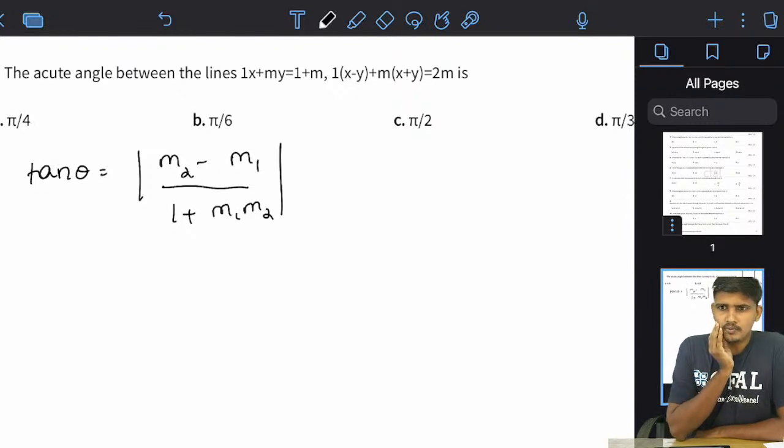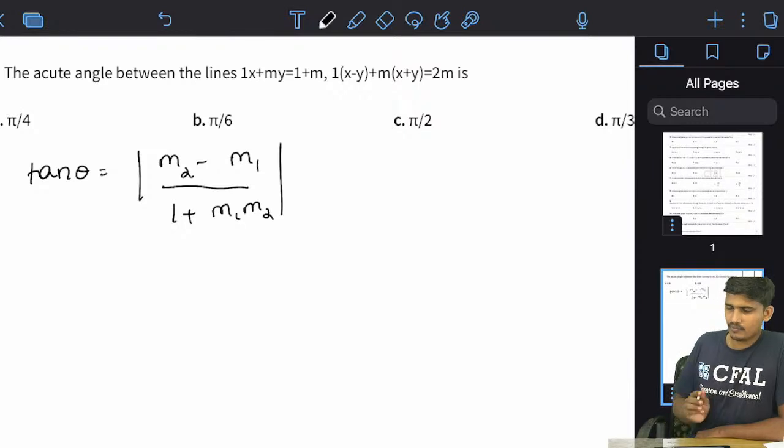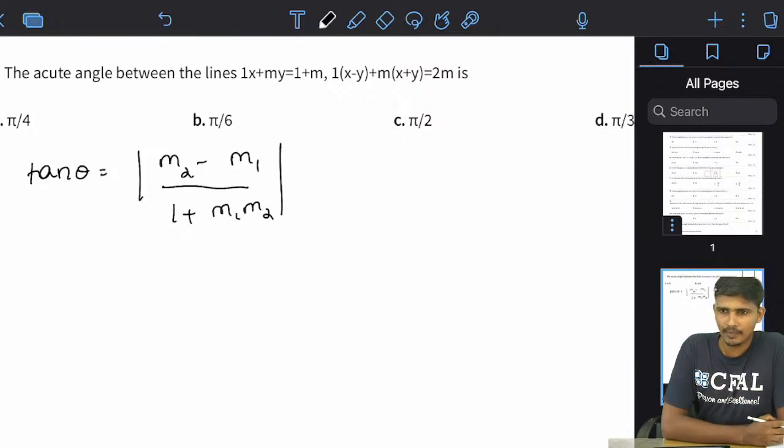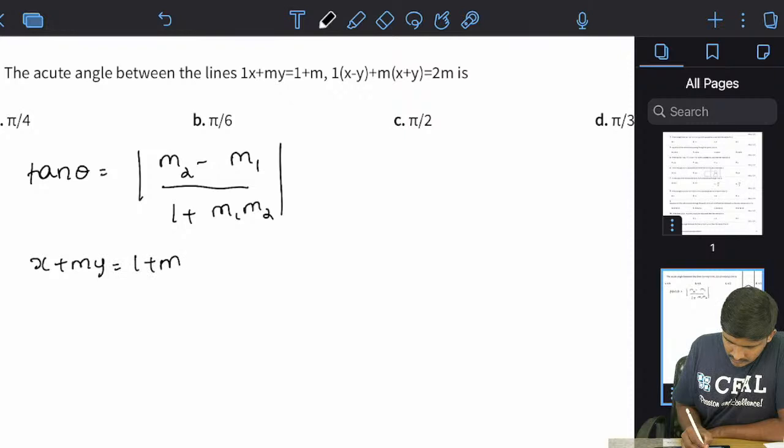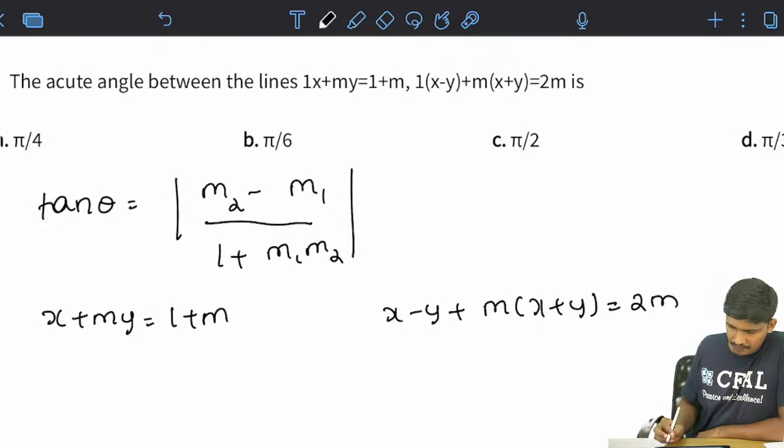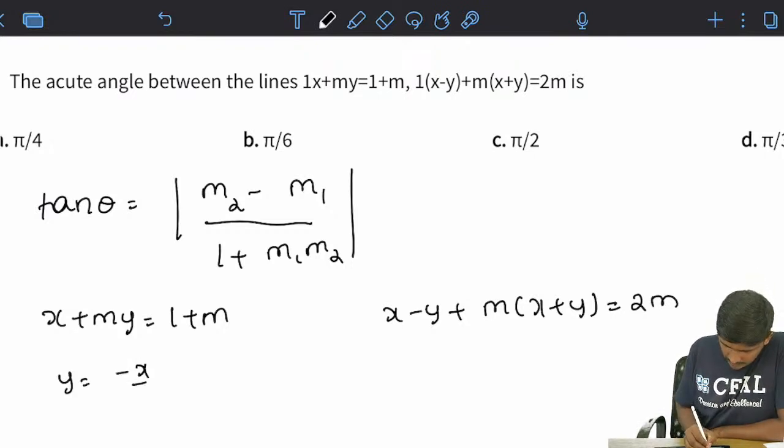We can find the slope by converting each equation to the form y is equal to mx plus c, right? So the first equation is x plus my is equal to 1 plus m. The second equation is x minus y plus m into x plus y is equal to 2m. Converting the first, y will be equal to minus x by m plus 1 plus m divided by m.